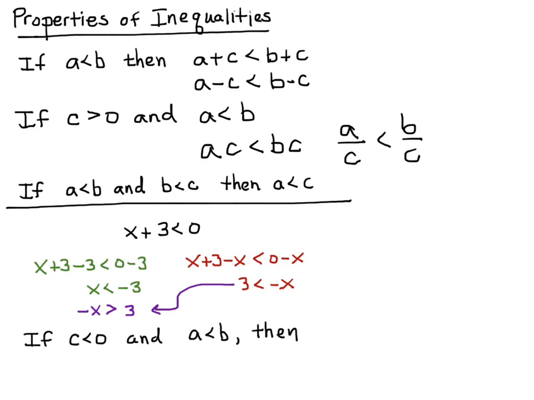And so if C is less than 0, what we have to do is turn around the inequality sign. So you back up to where I have x is less than -3 and negative x is greater than 3.